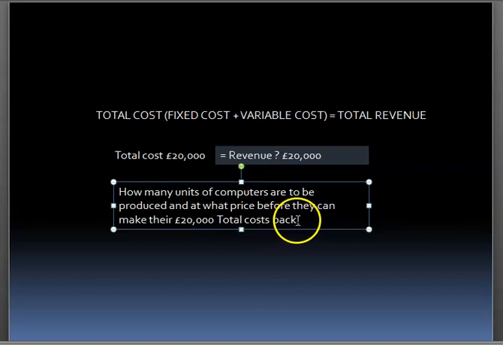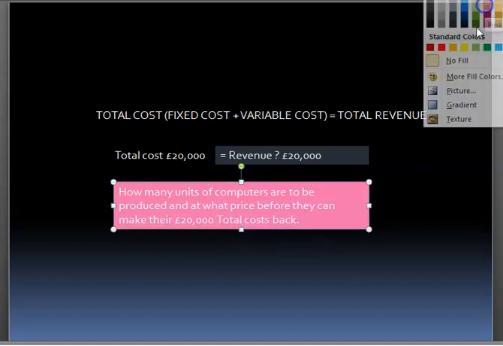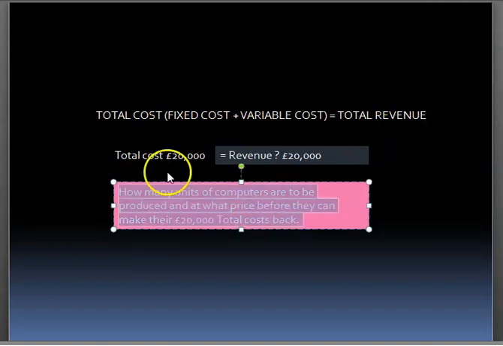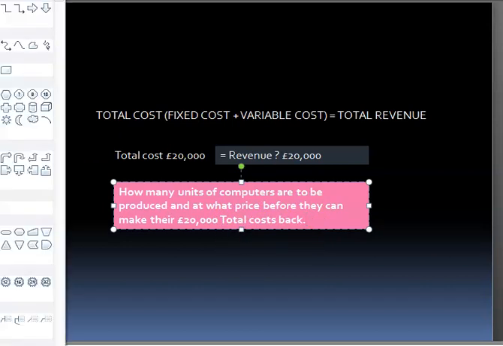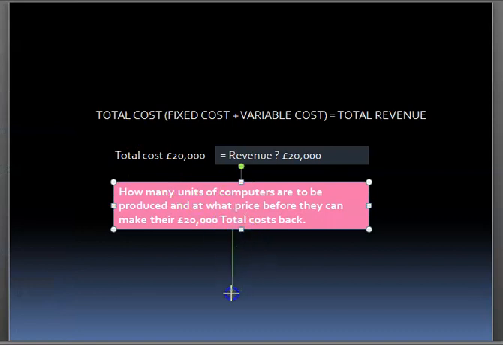So at this point, if they can make £20,000 back, they're not making any loss and they're not making any gain. This is what they call a safety net. To answer this question, they have to do something called break-even analysis. Sorry, break-even point.